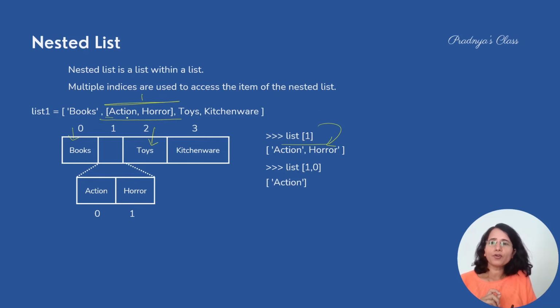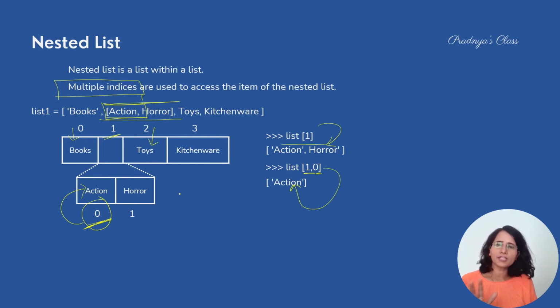But what if I want to access only the first element of the nested list? Then you can see here we have to mention one more index. So to access the elements of the nested list, we have to write multiple indices. First I should mention 1, and then I should mention the index 0, because the index of this action is 0. So I will get this word action.